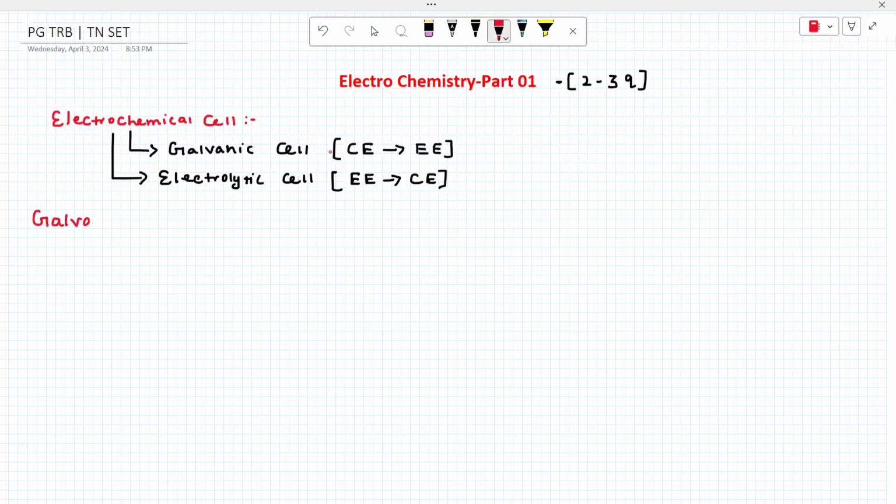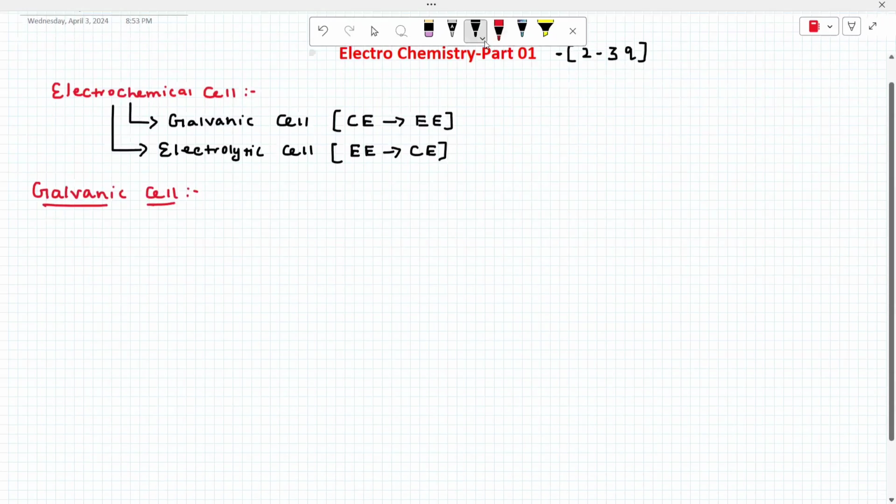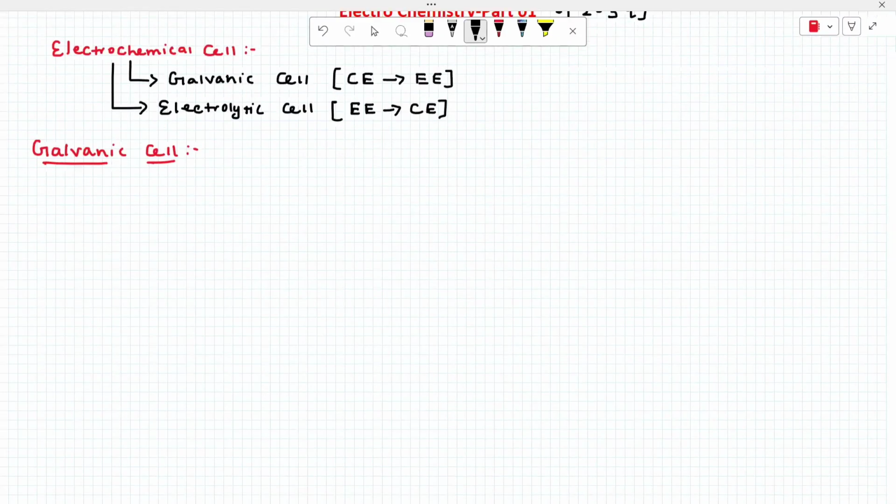Galvanic cell, a very important topic for exams. Please know what a galvanic cell is.